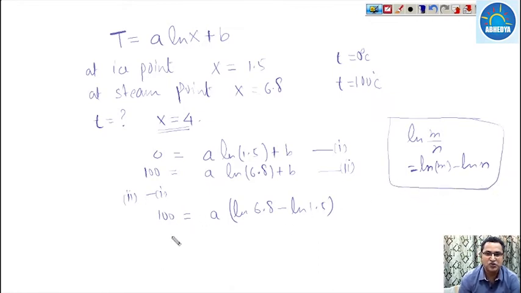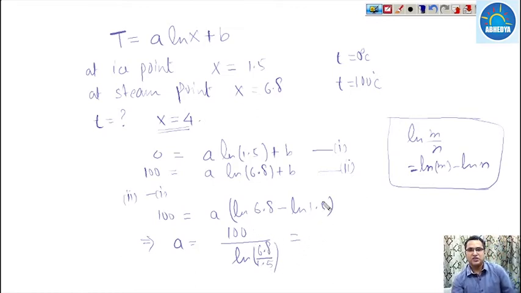So by using this, we can find out then A becomes 100 upon ln 6.8 divided by 1.5, and the value of A becomes, now by calculating, the value of A equal to 100 upon 6.8, 66.181, approximate value of A.